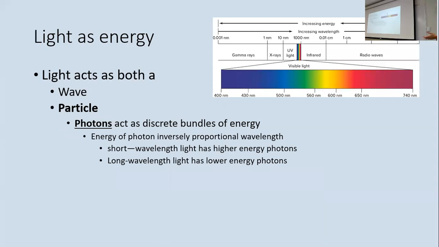So I already said it, photon. The particles that are moving in these wavelengths are called photons. They are little discrete packets, particles of energy. And the energy of a given photon is inversely proportional to its wavelength. All that means is, you've got waves of light, and photons are moving in these waves of light. If the wavelength is really short, if we're over on that 400 nanometer end, that means the photon's really high energy.